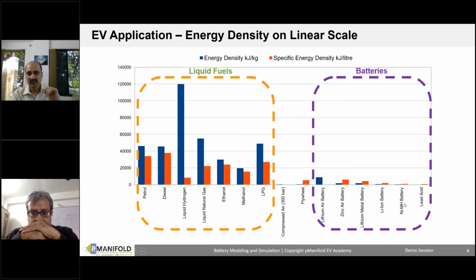But now you have the perspective of how it compares in a linear scale. It is literally one order of magnitude off from the energy densities of the liquid fuels. And unless and until we accept and work with that, you will end up setting wrong expectations, and that can be extremely fatal to the product.